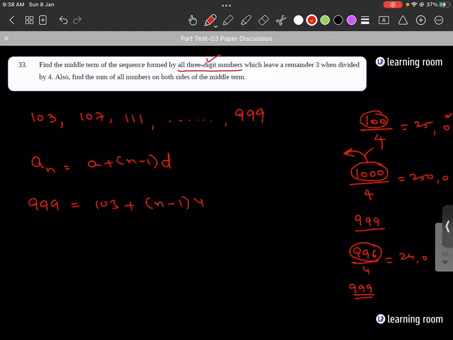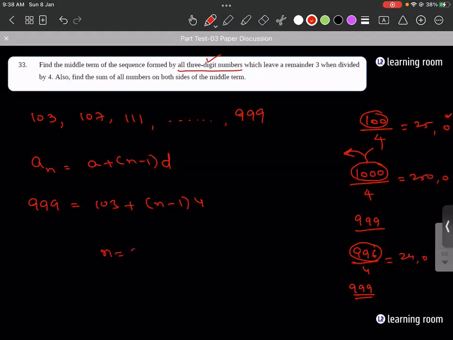Two 23, sir. 223 or 225, check once. 225, sir.